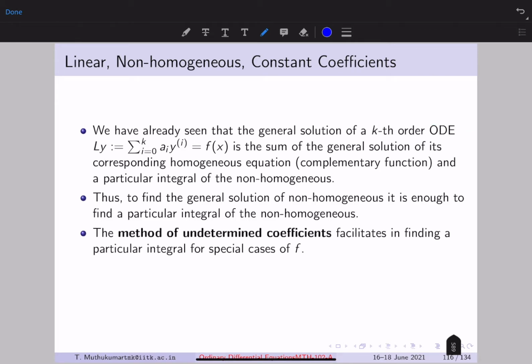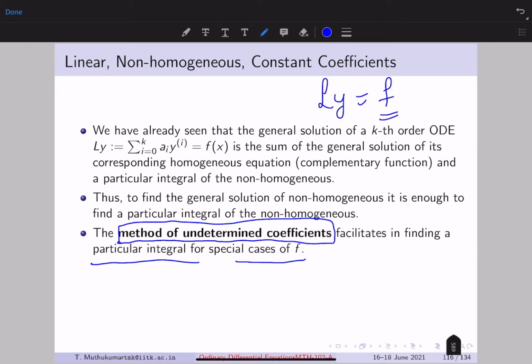And that is where the method of undetermined coefficients comes into play. That method tells you how to find the particular integral, but not for all cases, only for some special cases of f. When the right hand side f is of some particular form, you can use the method of undetermined coefficients to find the particular integral, which means you can find the general solution of such problems.